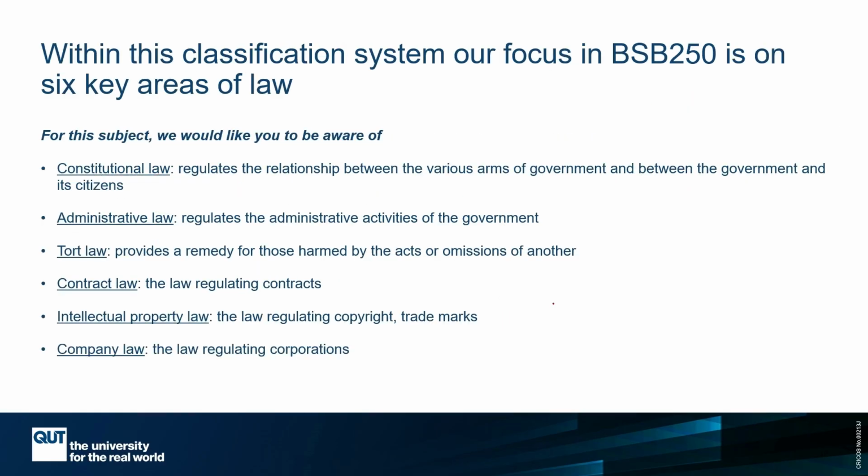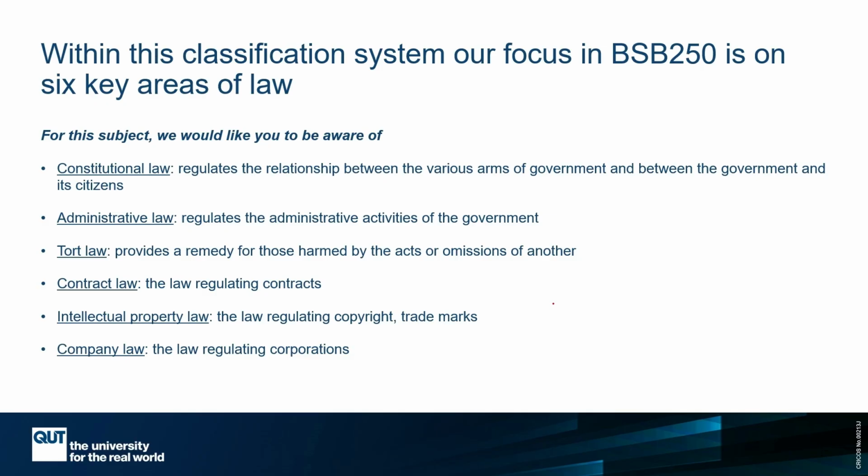For the purposes of this subject, we want you to concentrate on understanding what constitutional law is. That's super important because that determines a lot of jurisdiction in Australia. We want you to understand what administrative law is because the government often makes businesses do a lot of activities and undertake a lot of compliance.